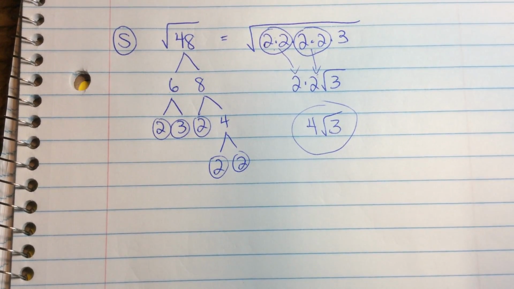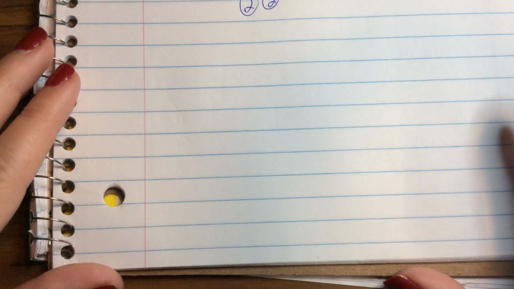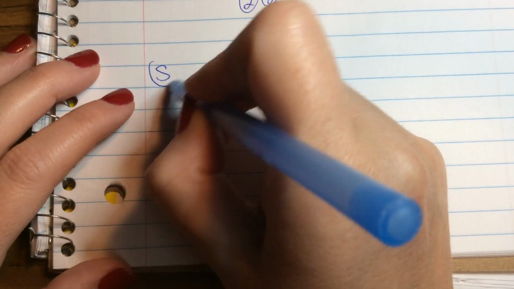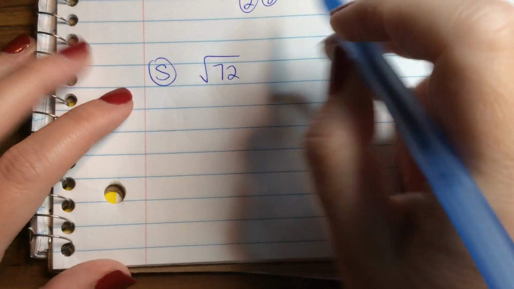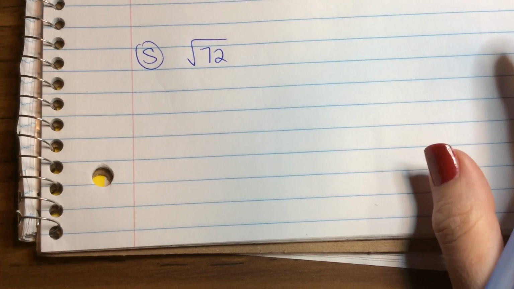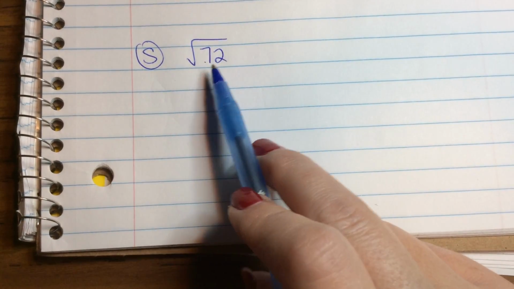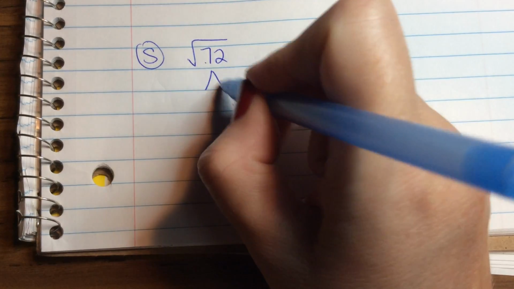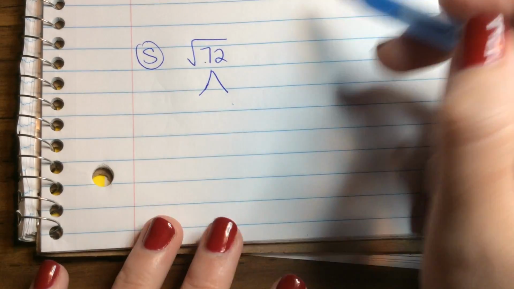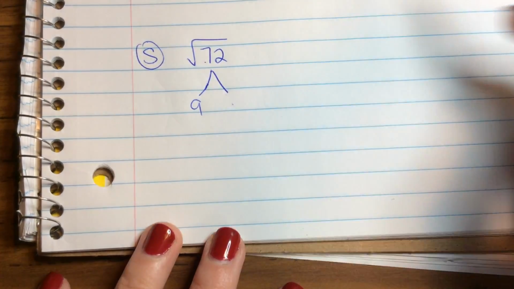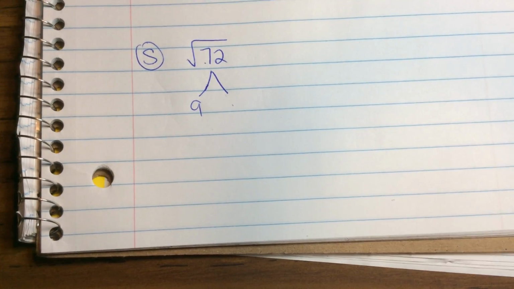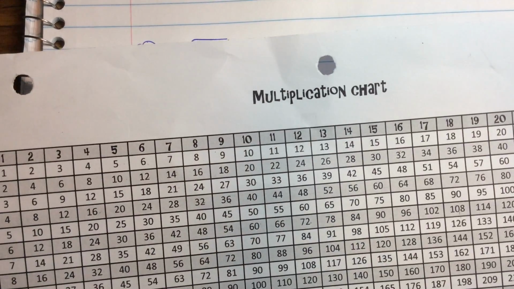All right, let's work out two from the bottom part. And it doesn't matter which one we pick. How about 72? We'll start with this one. 72 adds up to 9. So 7 plus 2 is 9. So I know it has a 3 in it. But even more than that, it has a 9 in it. So 9 times something equals 72.